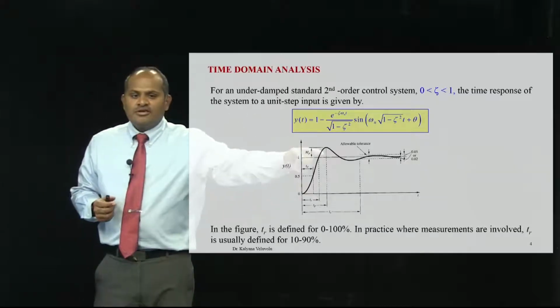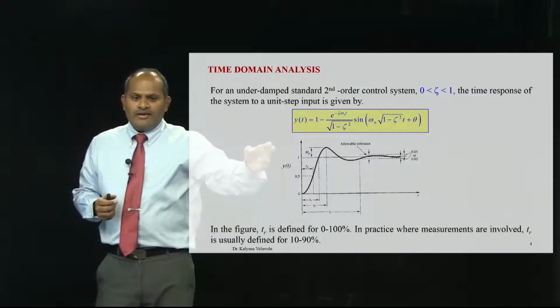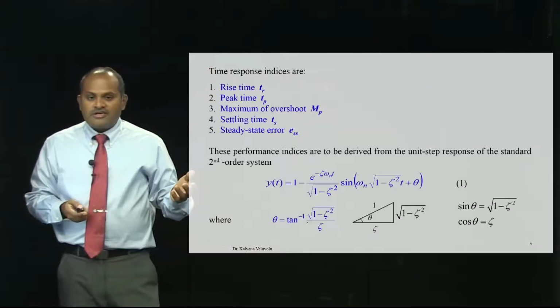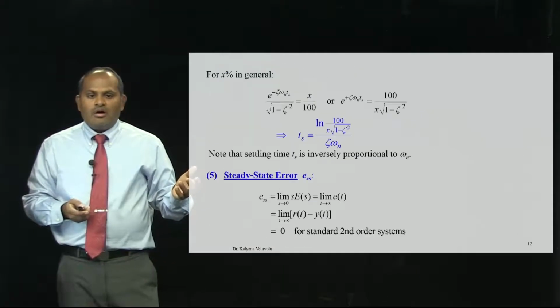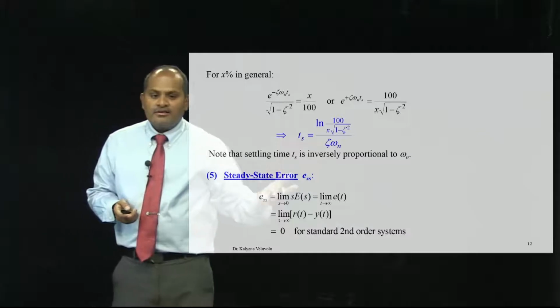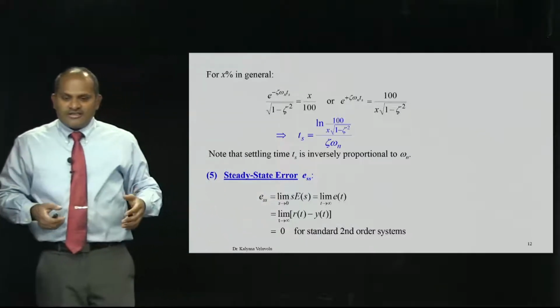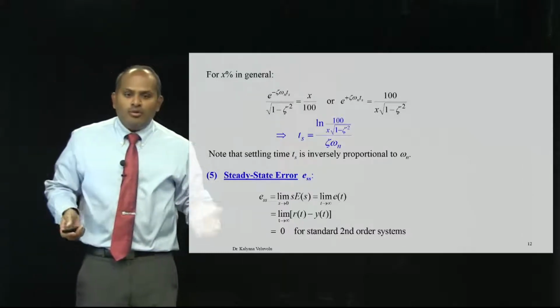When t tends to infinity, what is my output? In this slide, when t tends to infinity, e power minus infinity is 0, so you get y of t equal to 1. Hence the steady state error is equal to 0 for a standard second order system. For a standard second order system, there is no error.